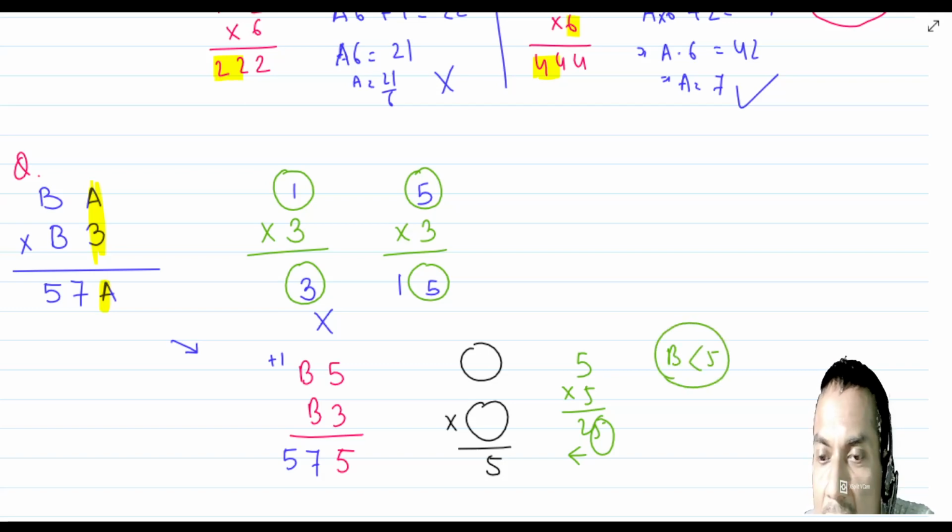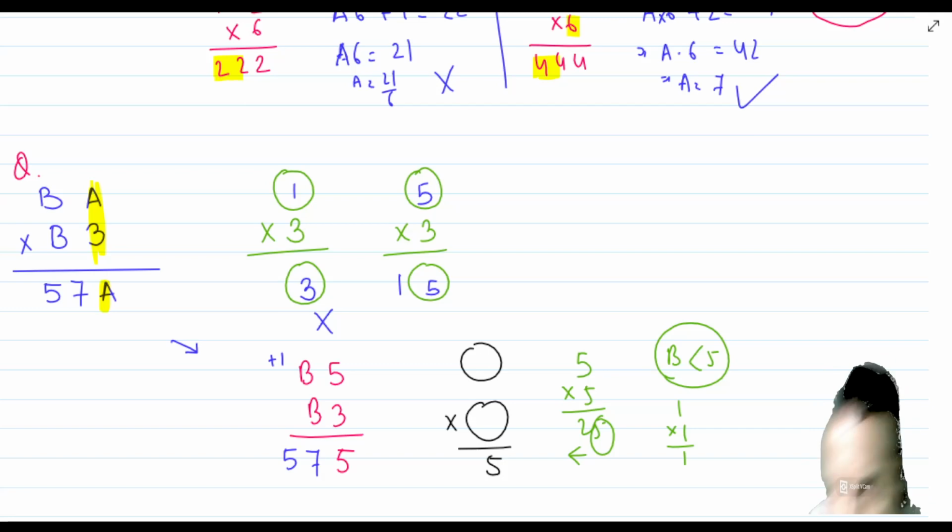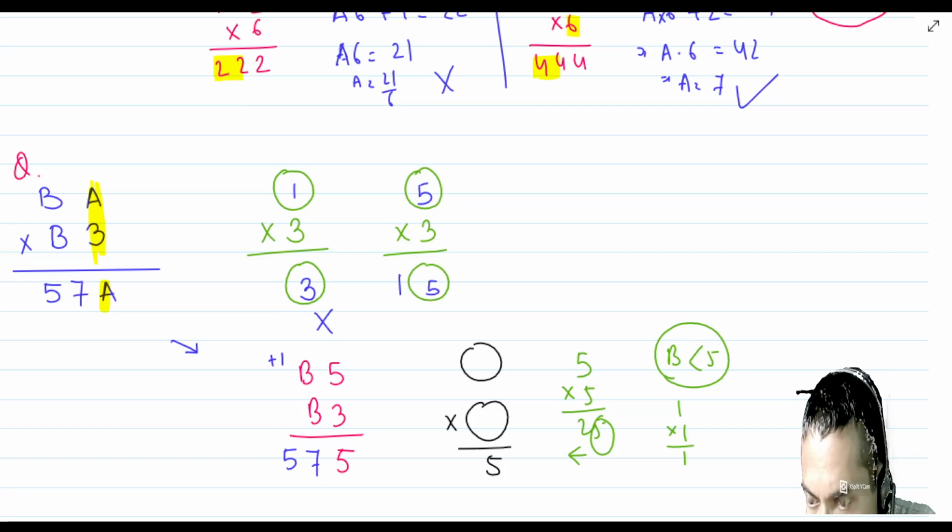If it is less than 5, 0 is not possible also, because of the 2-digit number. So the next value I consider, if I put 1, what will happen? 1 into 1 is 1, but we have to put 4 as carry forward.